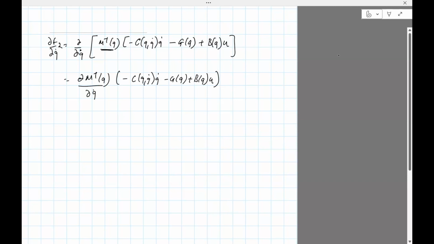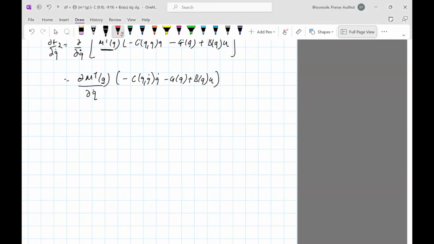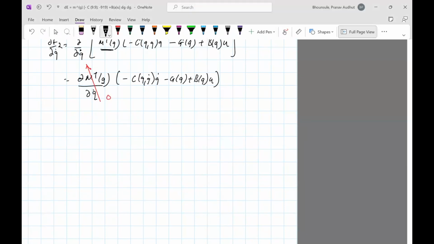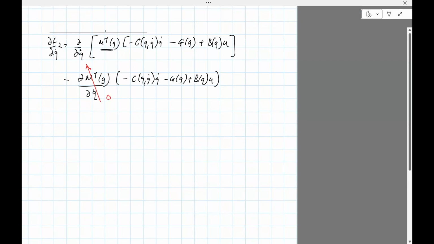Okay, now M is only a function of Q. It's not a function of Q dot. So this term, thankfully, is just 0. So that's the first part of the chain rule. We really didn't have to do it here because M inverse is a function of Q. And then plus, now we keep M as a constant and then take the derivative of this whole term with respect to Q dot.